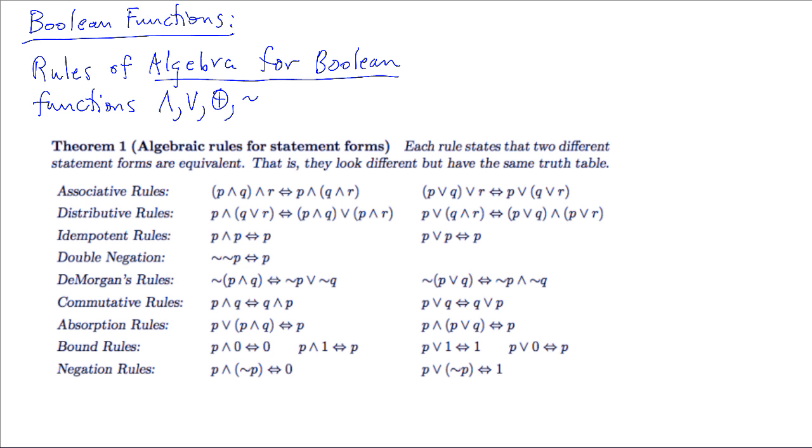There's a couple of little bit trickier ones here. The absorption rules, for example. When I say P or both P and Q, then that's equivalent to P. It can be reduced to P. If you don't care about what Q is, you can reduce this to P, because it's saying that either P is true or both P and Q are true.